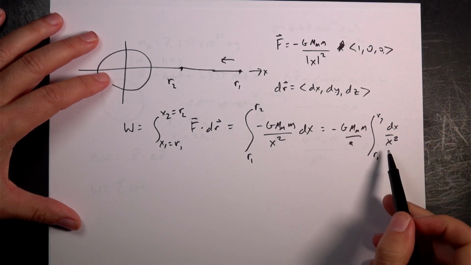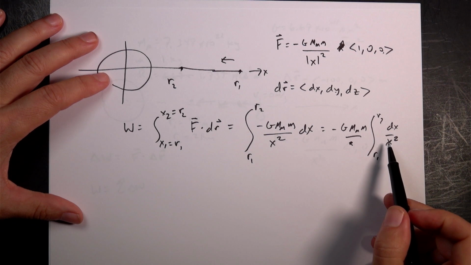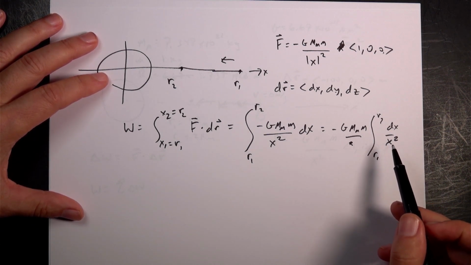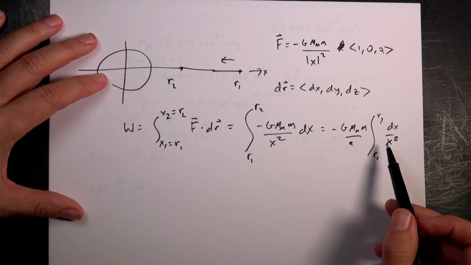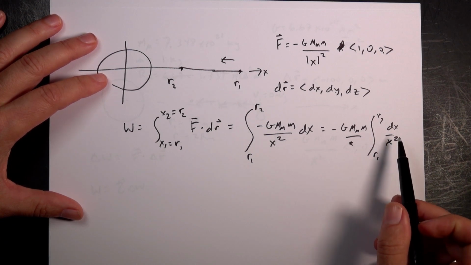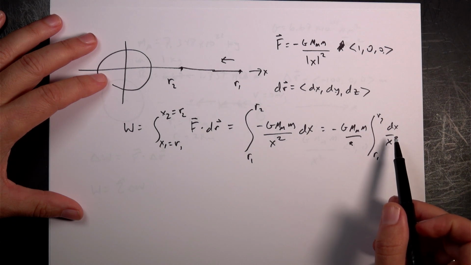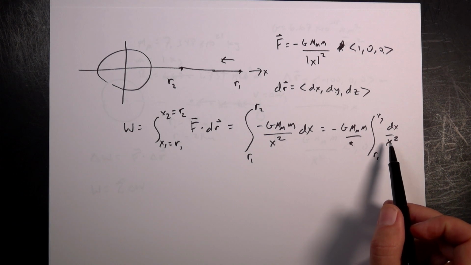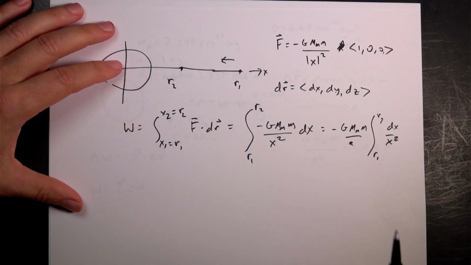So I can integrate 1 over x squared. It's going to be negative 1 over x, right? Because if you take the derivative of negative 1 over x, you get 1 over x squared. That's right? If I take the derivative, that's right, I get this. Yeah. I always make that mistake. I got it.